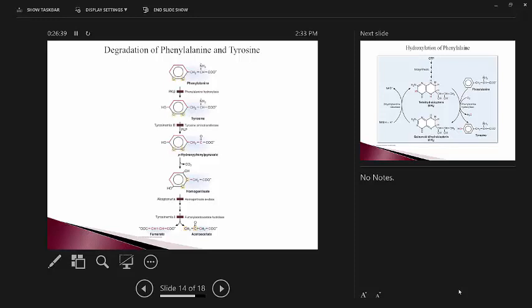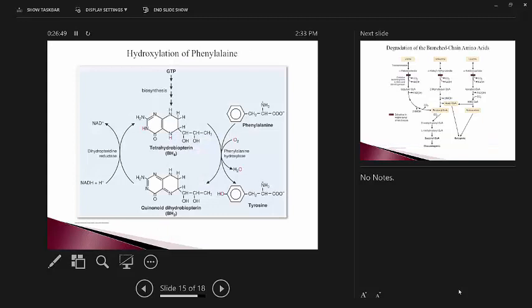Okay? And phenylalanine goes to tyrosine. And we're going to see that this is a hydroxylation of this. Okay? And it's an interesting oxidase, okay? All right, so here's phenylalanine, okay?